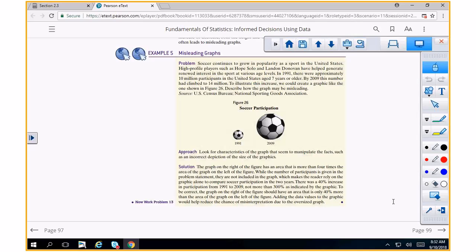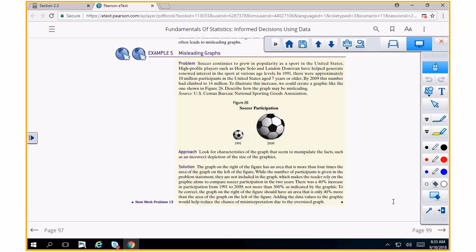Exactly. Look at the size of the 1991 ball. Okay? It pretty much is the same size as the black part of the soccer ball right there, right? So let's look at this. Let's use a little bit of mathematics. There's 1, 2, 3, 4, 5, 6, 7, 8, 9, 10, maybe with these two.